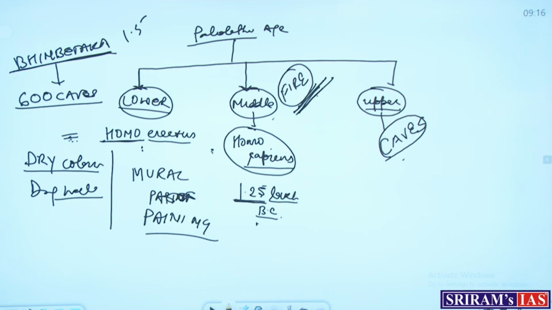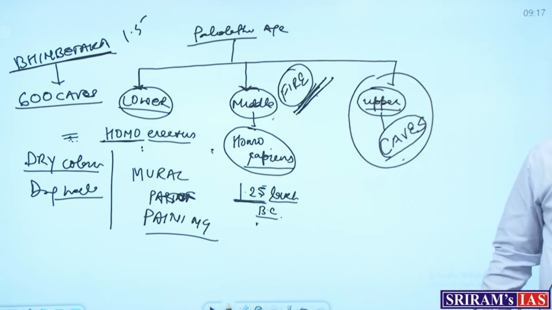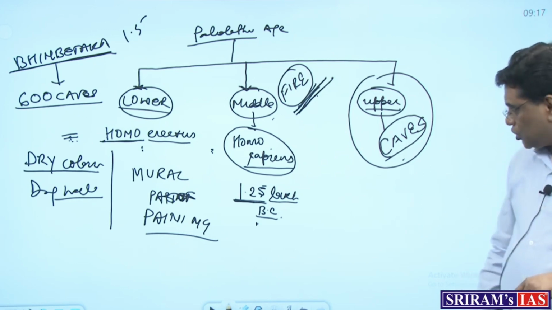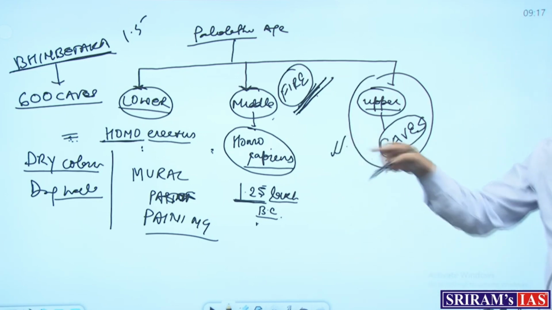Fine. So we will study in detail everything, what is painting, what is the nature of the painting, what is the subject matter of painting and of Ajanta in art and culture. But this is the first exhibition of human art. Dry color was put on dry wall. So human started doing some architectural character.